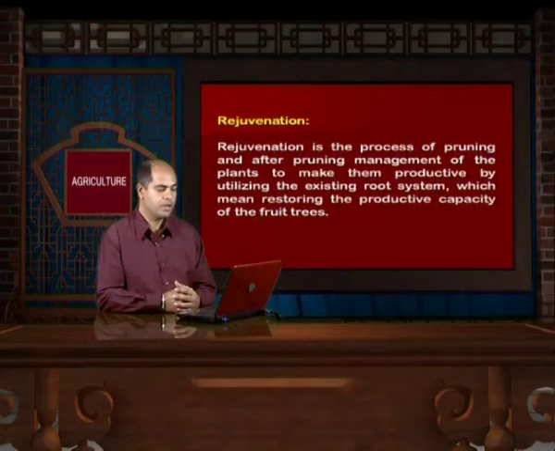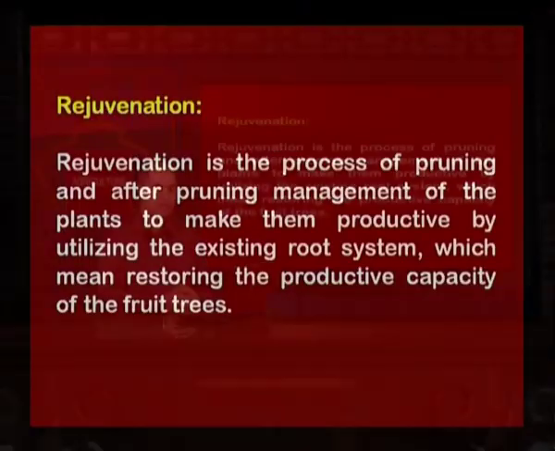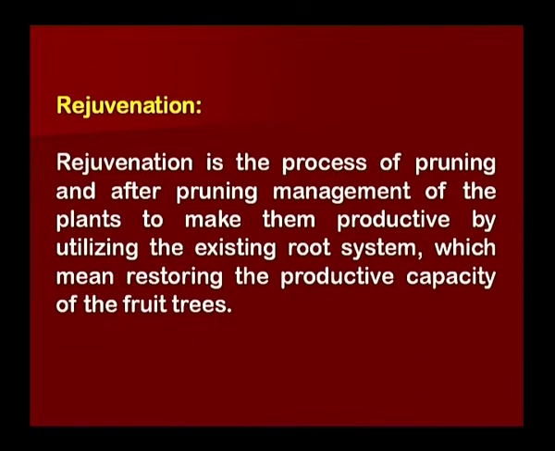So, we can say that rejuvenation is the process of pruning and after-pruning management of the plants to make them productive by utilizing the existing root system, which means restoring the productive capacity of the fruit tree.